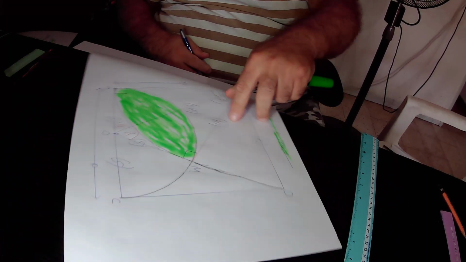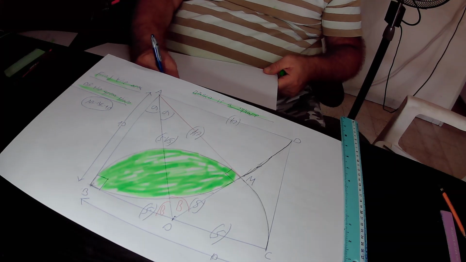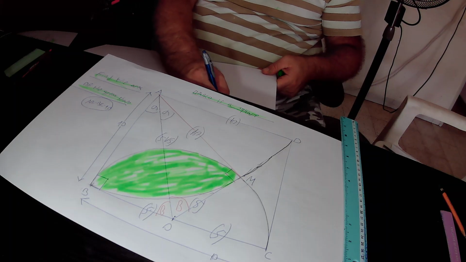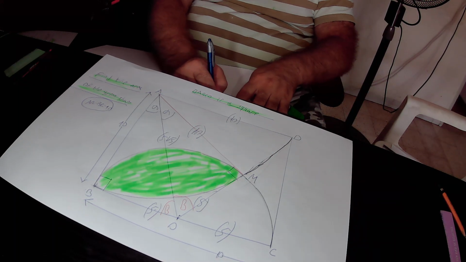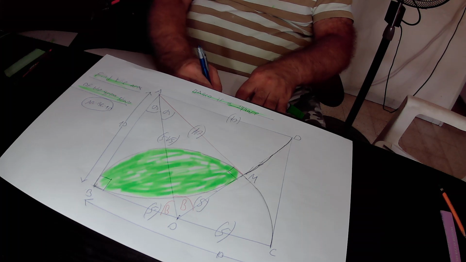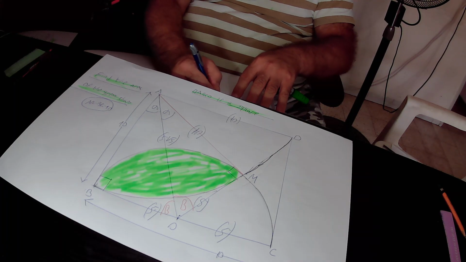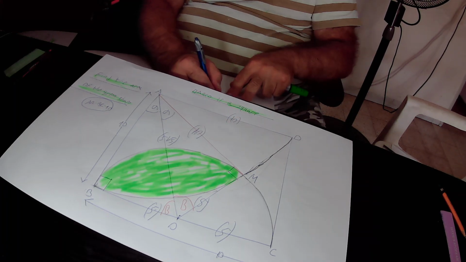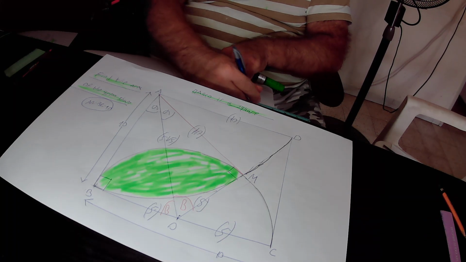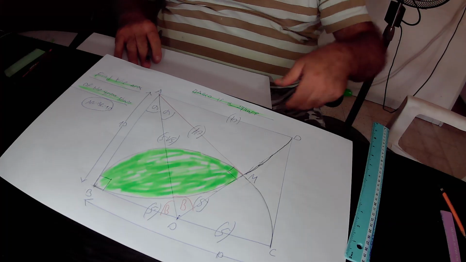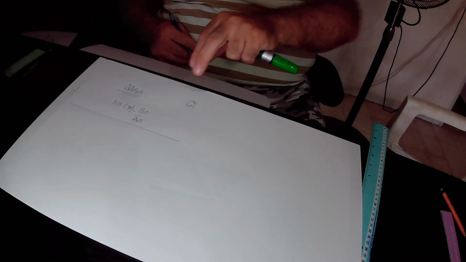We continue to focus on the right triangle ABO. In the right triangle ABO, sine alpha equals BO over AO.